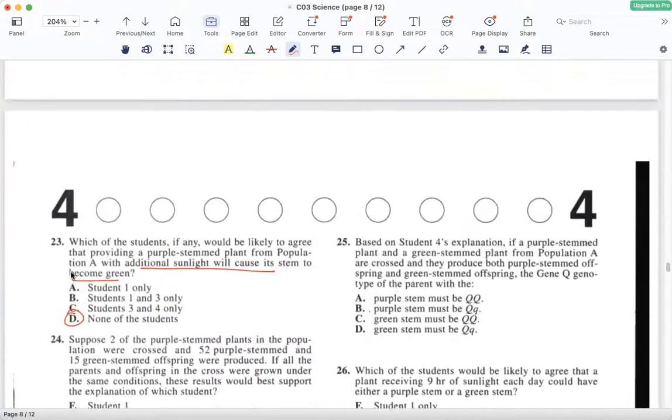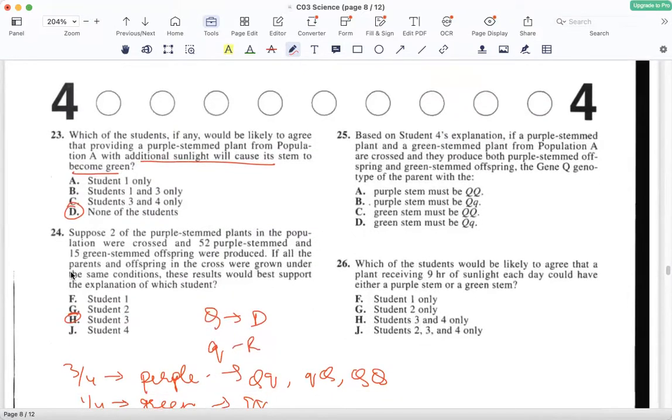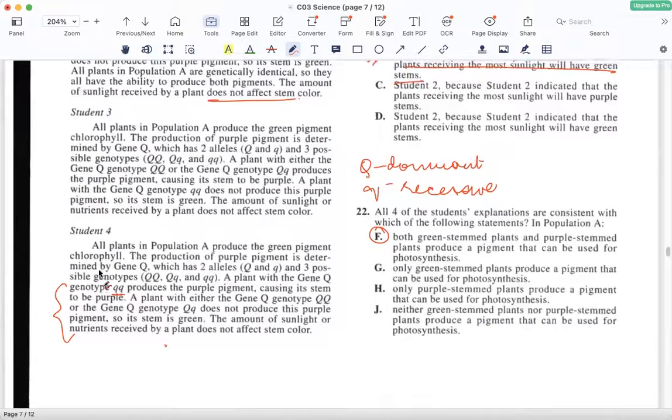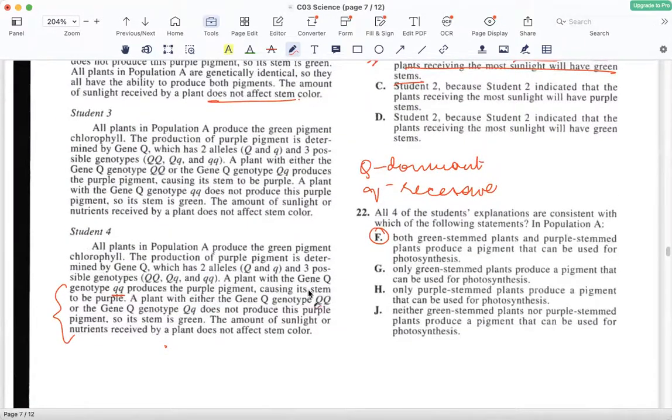Yeah. Based on student 4's explanation, if a purple stemmed plant and a green stemmed plant from population are crossed and they produce both purple stemmed offspring and green stemmed offspring, the gene Q genotype of the parent will be with the, okay. So here, if a plant with the gene Q genotype produces the purple, okay, a plant with either the gene Q genotype does not produce this.